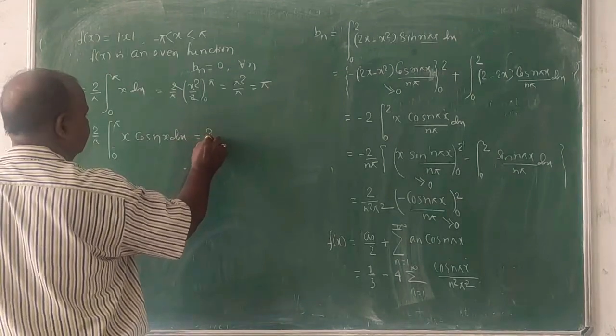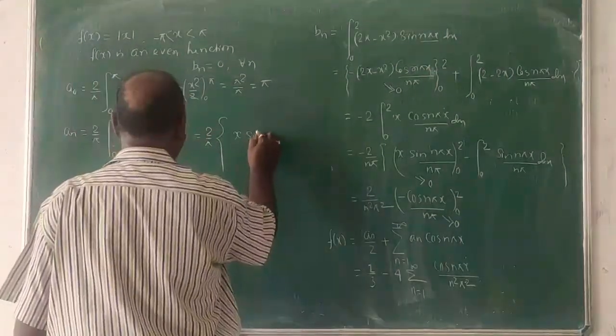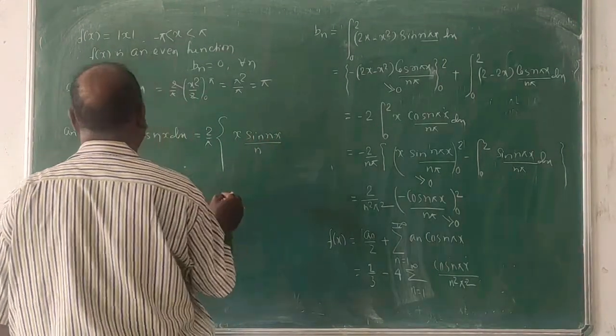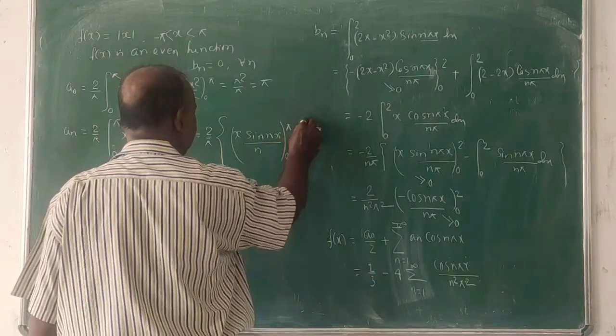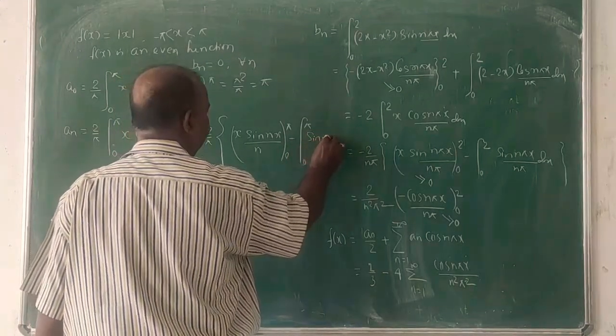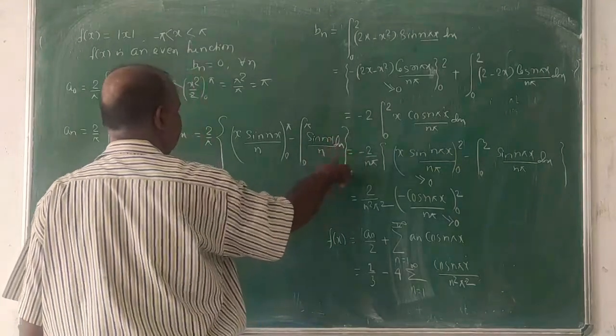Integration by parts: 2 by pi, u into v, x sin nx by n, range 0 to pi, minus the integration from 0 to pi of sin nx by n dx.